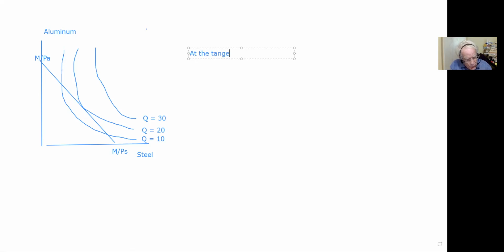At the tangency, the relative price of steel is equal to the marginal value of steel to the firm relative to aluminum.